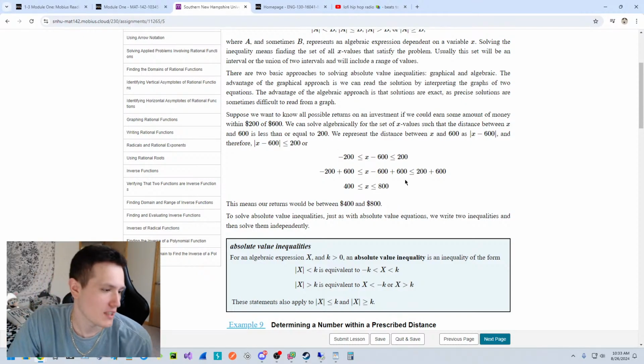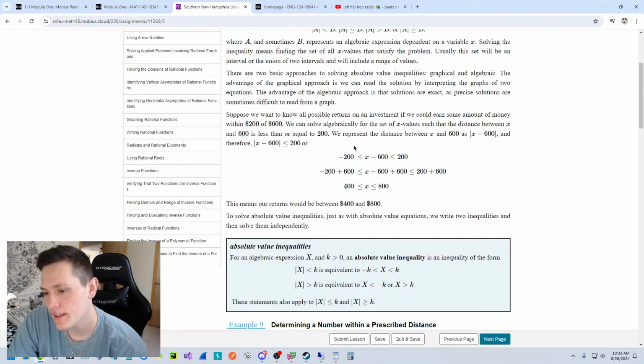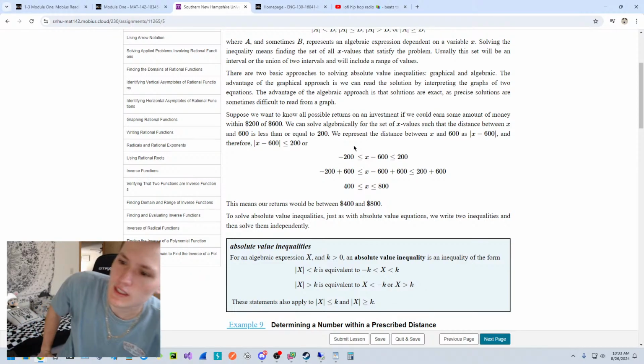This is confusing. I don't like this because now we're putting this into a real life scenario, having a value that we're trying to determine if it's going to be less than or equal to a profit, if you make a profit off of something. I don't like this.